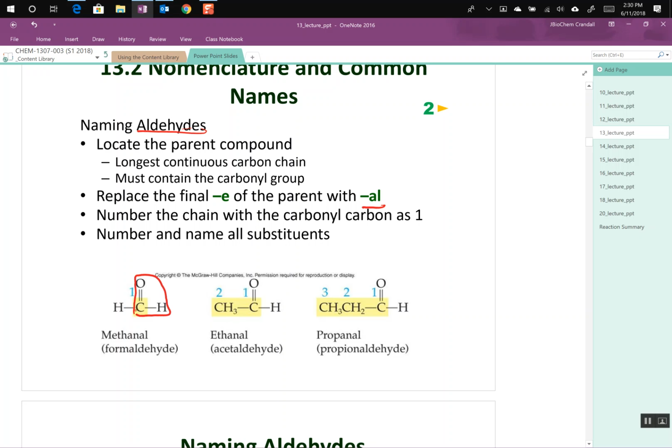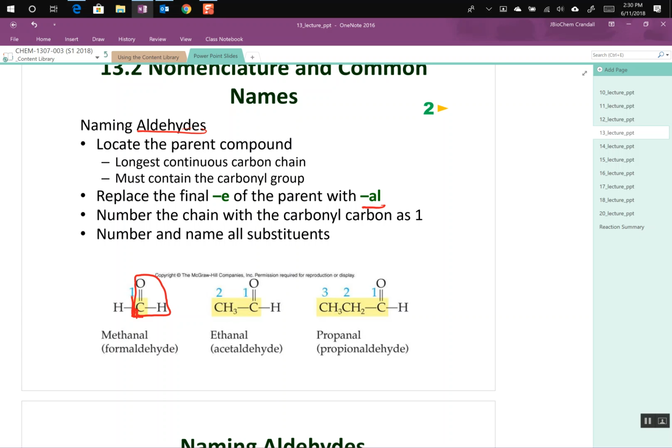It's the simplest aldehyde. It has a single carbon, double bonded to an oxygen, and single bonded to 2 hydrogens. So, 1 carbon, methane.